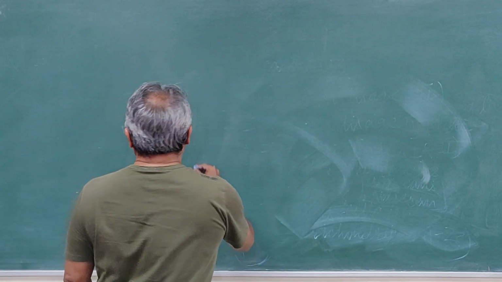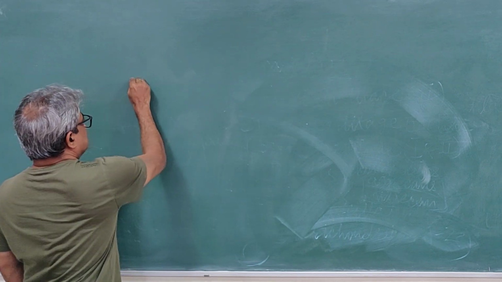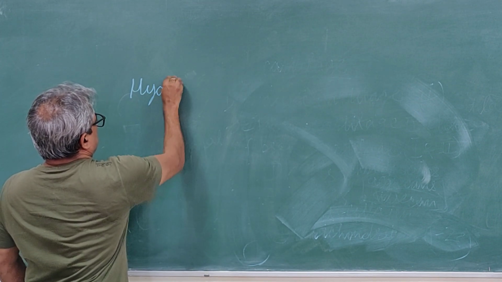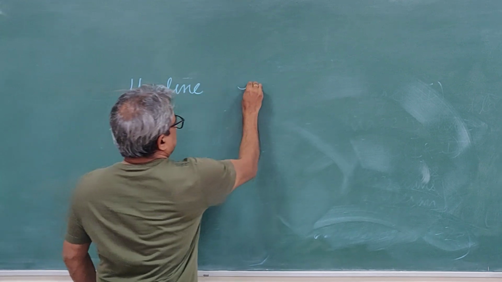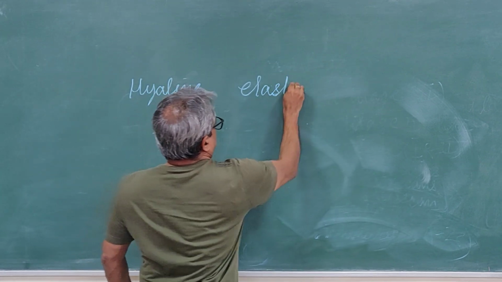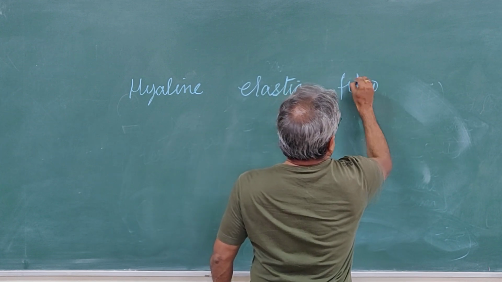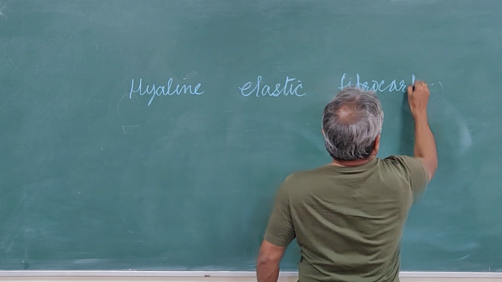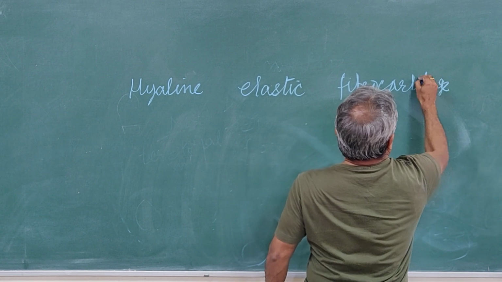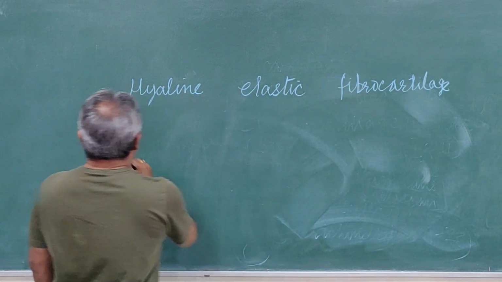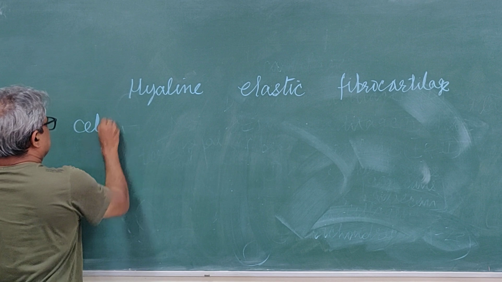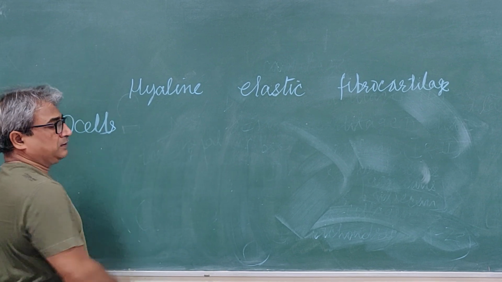So there are 3 kinds of cartilages: hyaline, elastic and fibrocartilage. So they have cells, right?